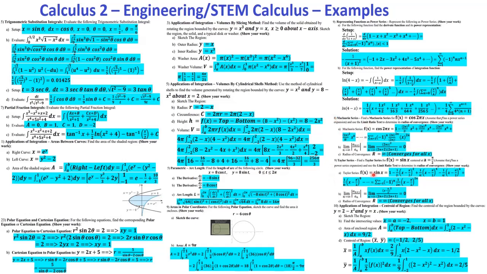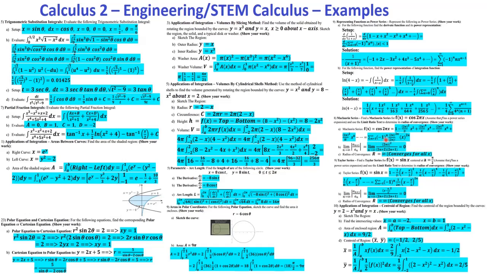Then I have the Maclaurin series of f of x equals cosine of pi x. So the Maclaurin series of this is 1 minus pi squared over 2 factorial x squared plus pi to the 4 over 4 factorial x to the 4 minus pi to the 6 over 6 factorial x to the 6, plus pi to the 8 over 8 factorial x to the 8, and this can be written in sum notation.